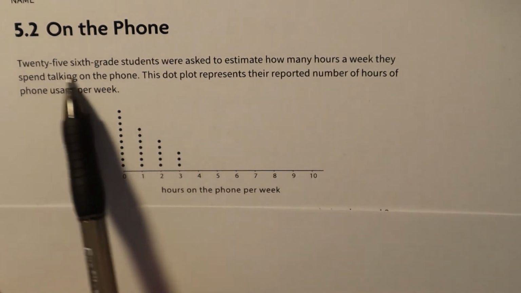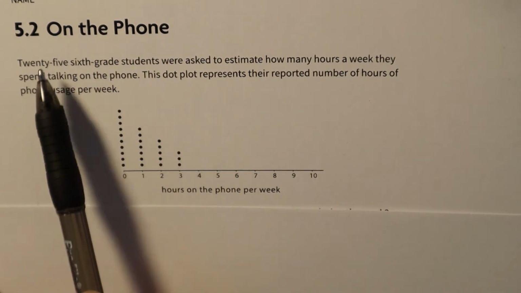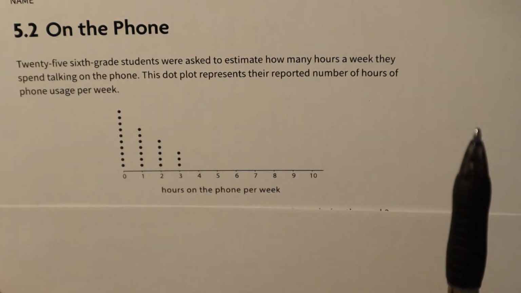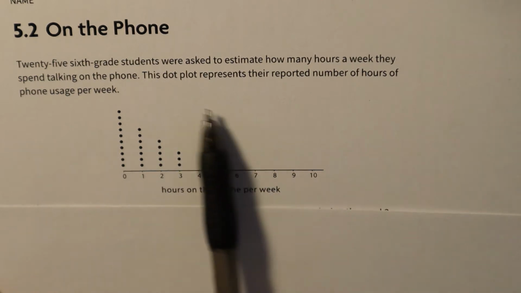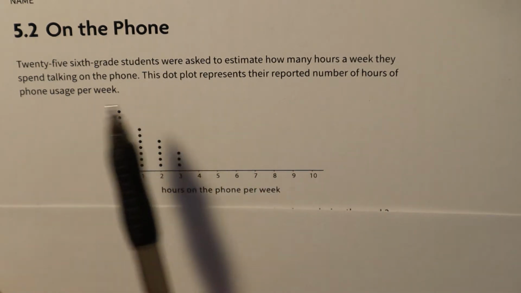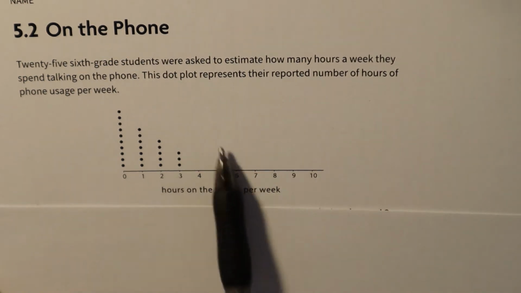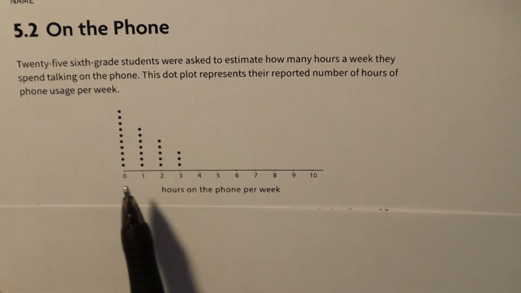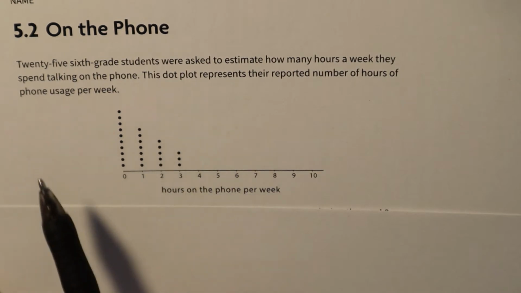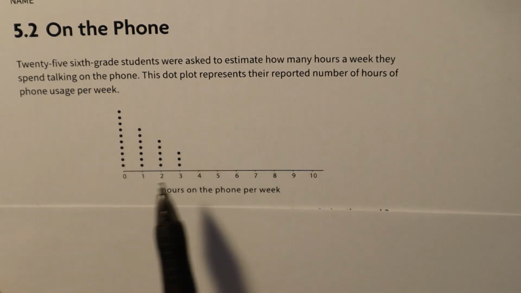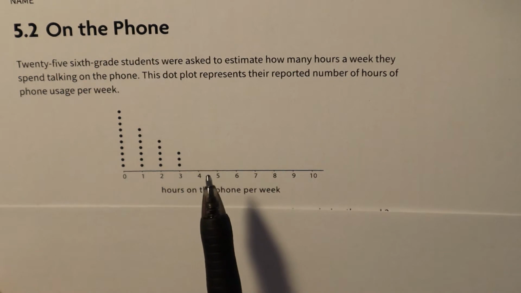First of all, they asked a group of 25. That's one of the characteristics of a statistical question. They had to do some work. They had to get a survey. They had to ask all 25 students this question. We have some variability. As you can see, we've got 0 hours, 1, 2, 3. They all did not answer the same. So therefore, this definitely is a statistical question.